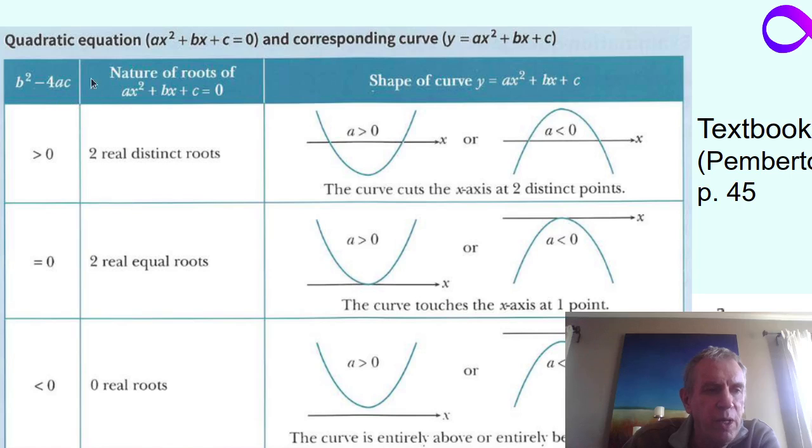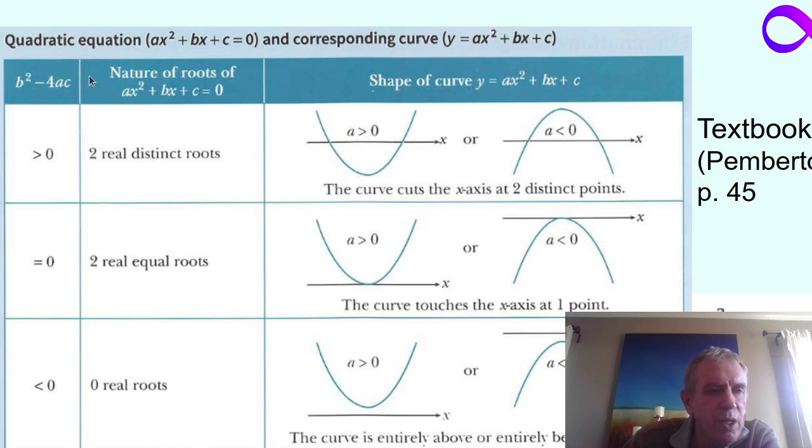If the discriminant, b squared minus 4ac, equals 0, then the curve just touches or kisses the x-axis, and we have one root. It's a repeated root, and it means that the curve just touches the x-axis in one point.